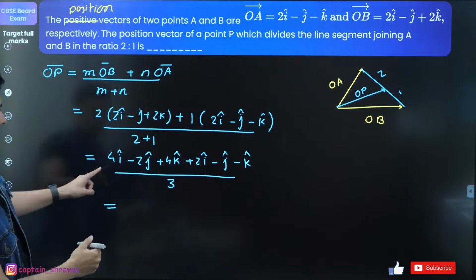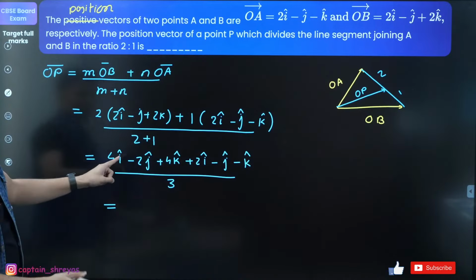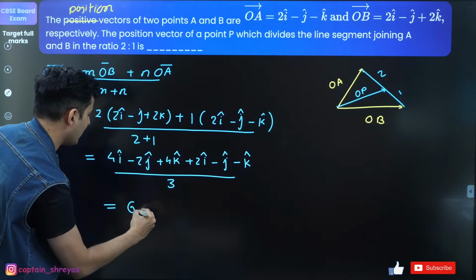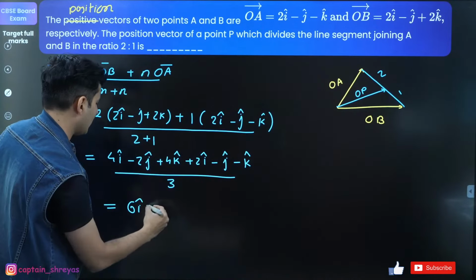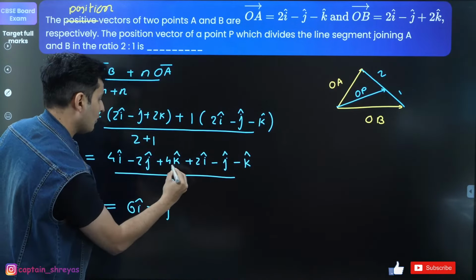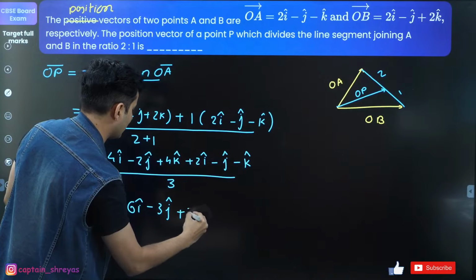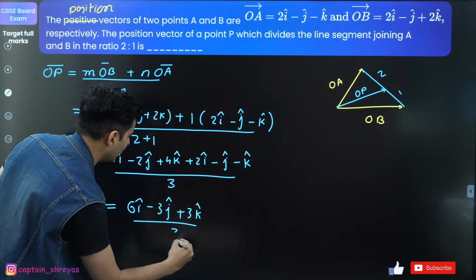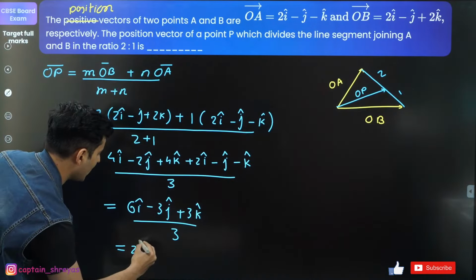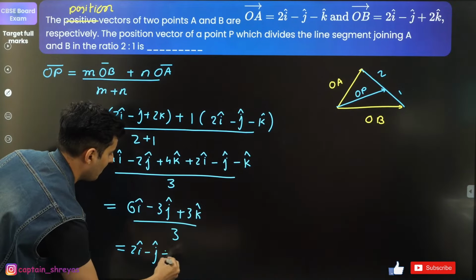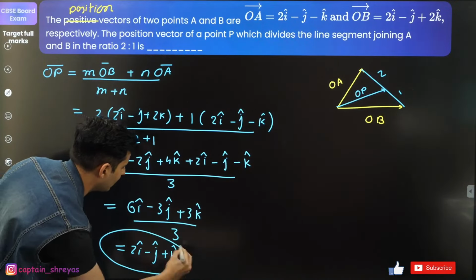Just check this out. 4 plus 2, 6I, minus 2J minus J, minus 3J, 4K minus K, plus 3K, divided by 3. So the answer will be 2I cap minus J cap plus K cap. That is the answer. Block it and keep.